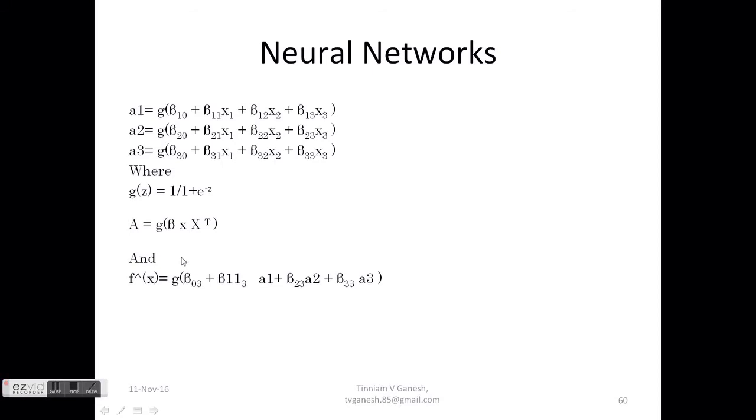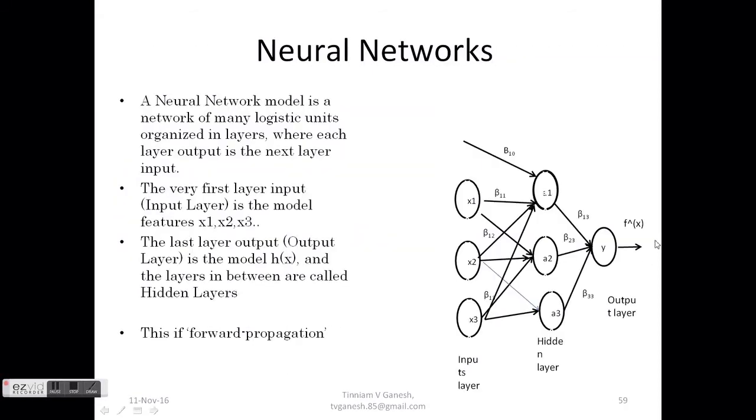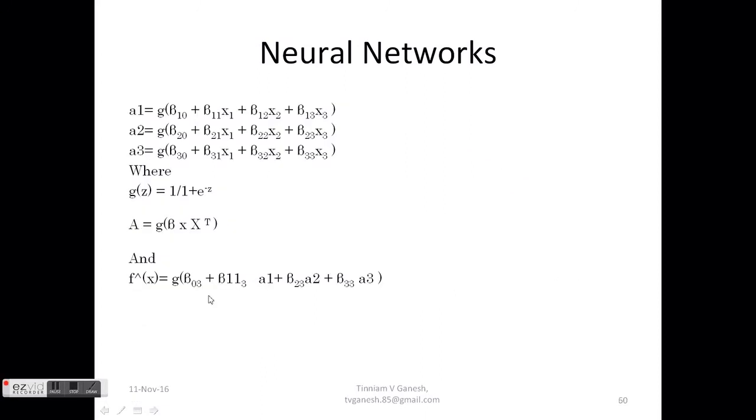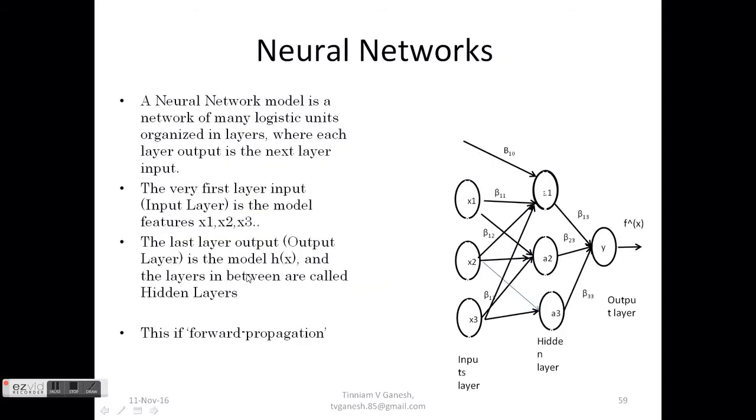And finally, f of z, that is the estimated function, depends on a1, a2 and a3, and beta 1 3, beta 2 3 and beta 3 3, which is what I've written here. So this is how we compute the estimated output depending upon the inputs and the weights. This middle layer is known as the hidden layer, this is the input layer, and this is the output layer.